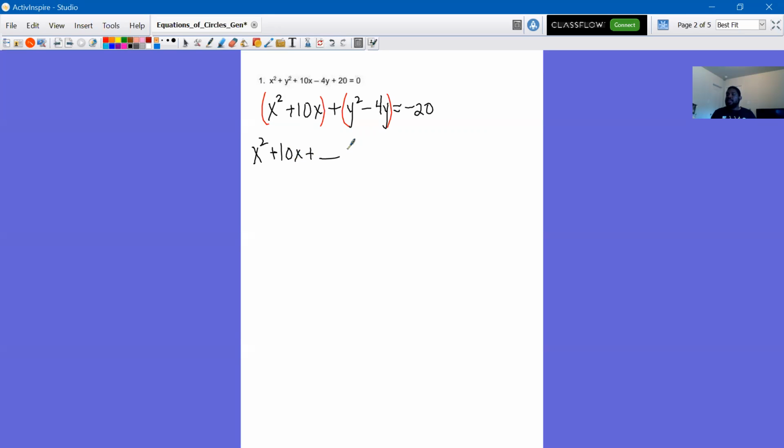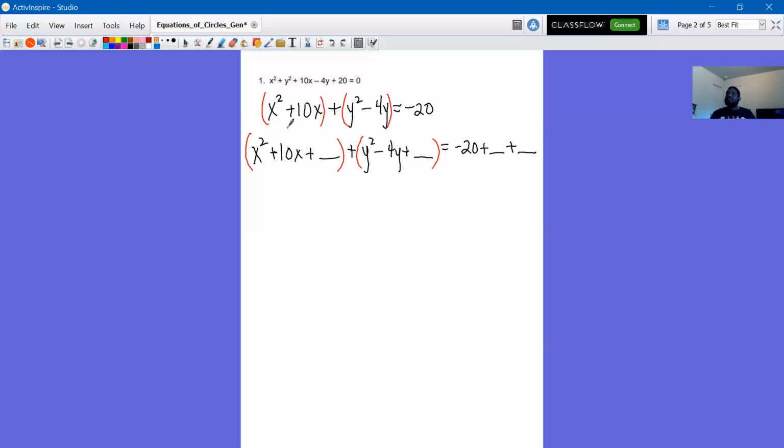The purpose of these blanks is to complete the square, which is what I have to do on both x and y. So again, I'm going to group them together. Actually, I don't need to group the right side.